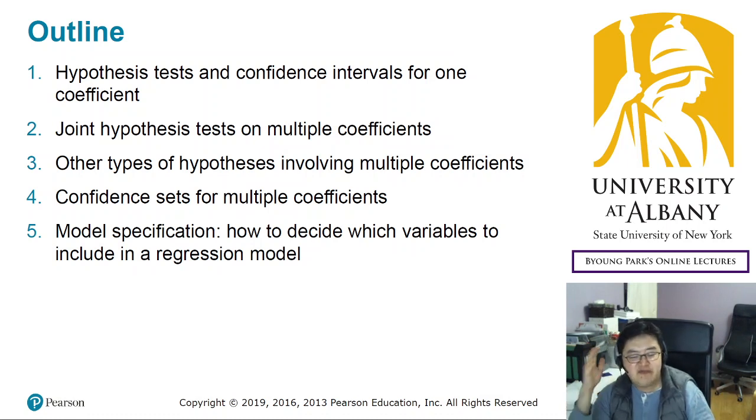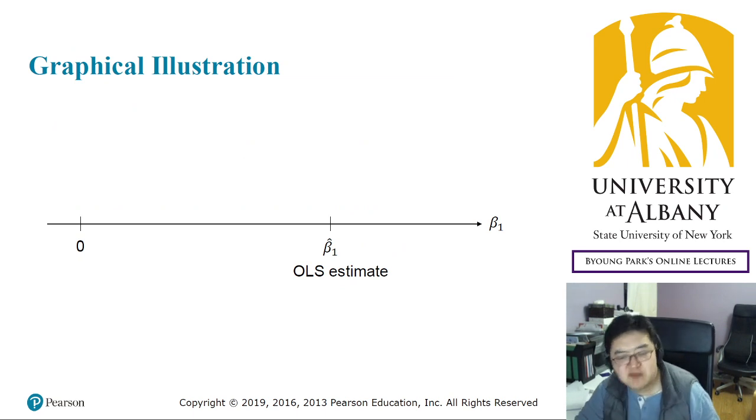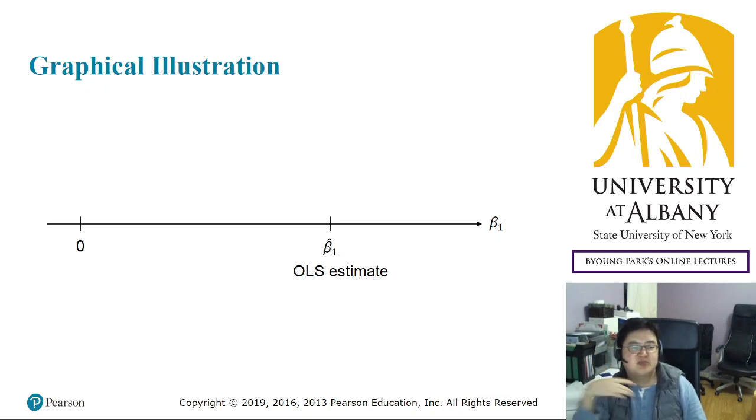If you understand the single regressor case and the basic mechanism of hypothesis testing and confidence interval, then the extension is pretty straightforward. So don't worry too much about the theory. Today I'm going to only use graphs. I'll try to explain everything using some graphs. Just get the idea, the basic intuition.